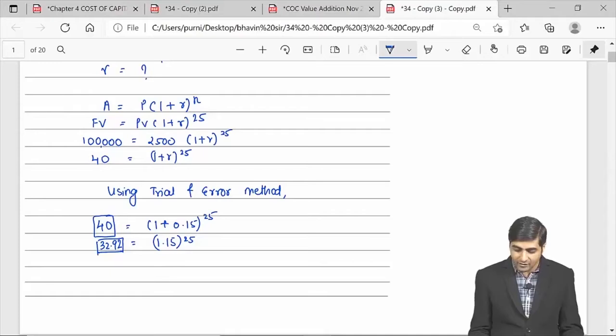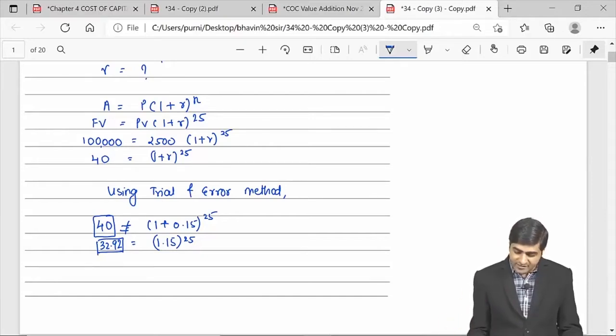So we can put it in these words: 15% is actually not the rate at which your future value interest factor comes as 40. It is actually coming as 32.92. So now let us try another rate and check whether we are getting 40 or not. Let us try this compounding effect for 16%.